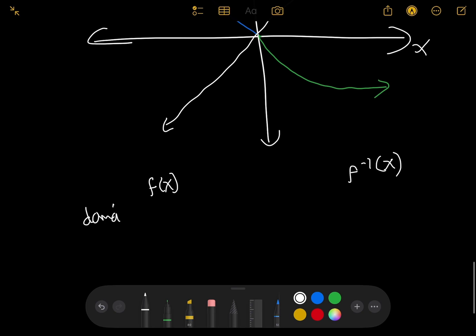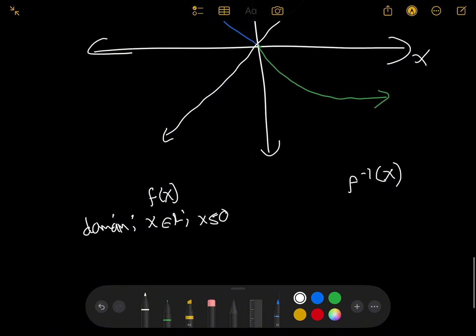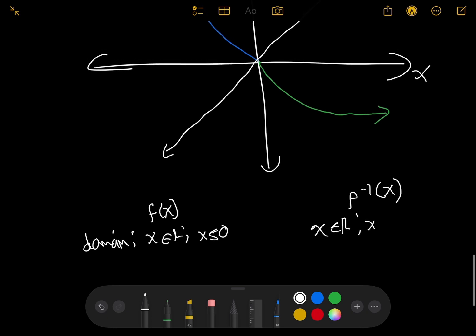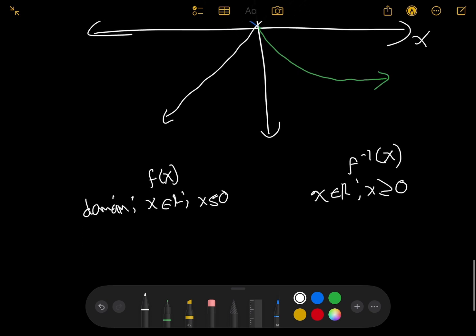For the domain, we're going to have x is an element of the real numbers where x is less than or equal to 0. And here, for the inverse, we have x is an element of the real numbers where x is greater than or equal to 0, right?